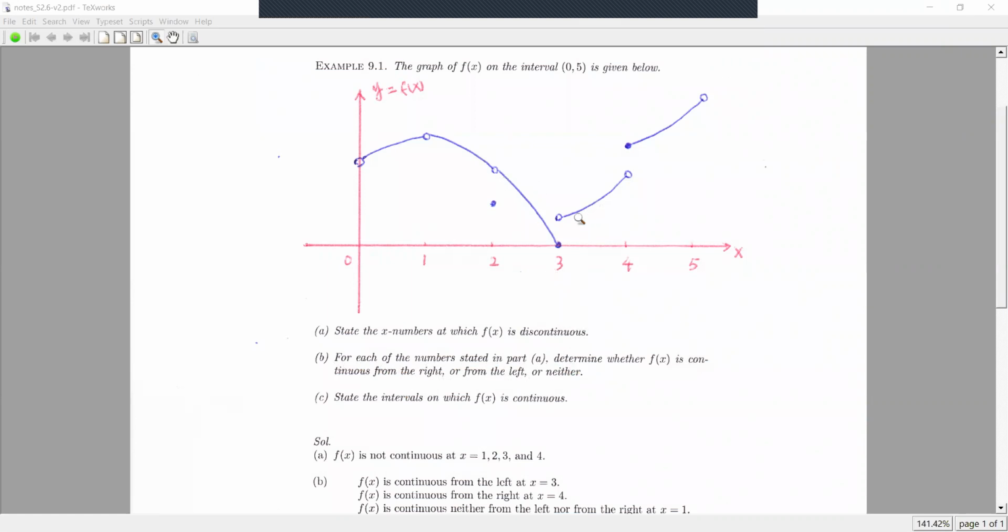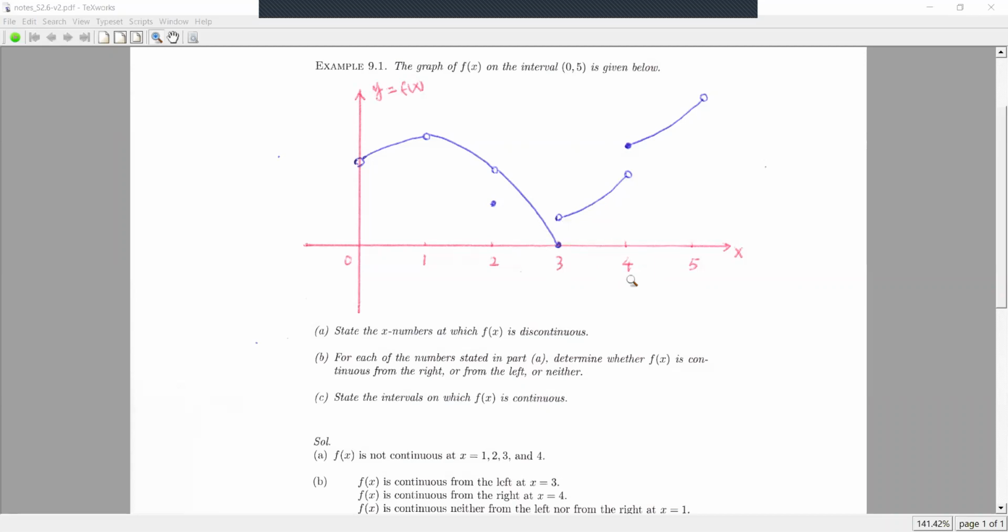From this diagram, we can see that the function is continuous from the left side at the point 3 because there is a solid point here. The function is not continuous from the right-hand side at the point 3 because no solid point here, just open point. Open point means the point is not part of the graph.